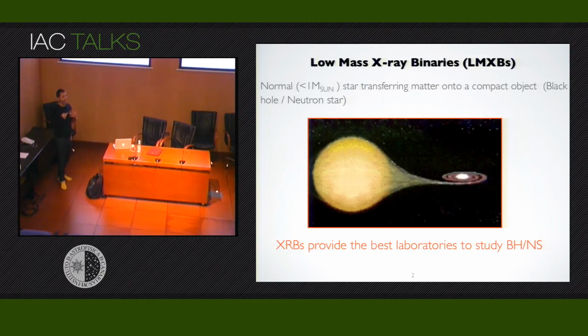On the other hand, since we can study the behavior of the matter very close to the black hole or the neutron star, these systems offer us very nice potential to study black holes and neutron stars, and in this way, they are very good neutron star and black hole laboratories. In other words, they are, let's say, extreme physics laboratories.